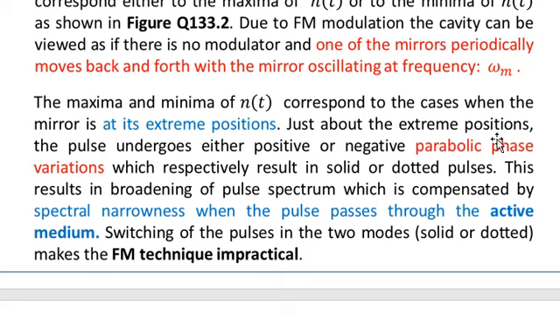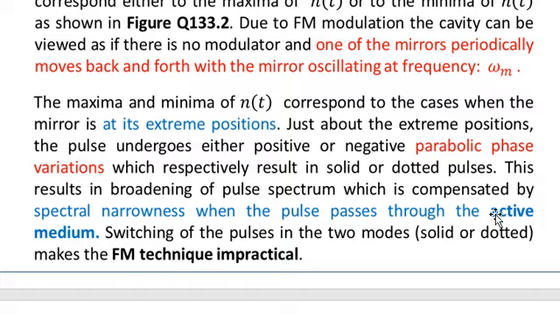Just about the extreme positions, the pulse undergoes either positive or negative parabolic phase variations, which respectively result in solid or the dotted pulses. This results in broadening of the pulse spectrum, which is compensated by the spectral narrowness when the pulse passes through the active medium.